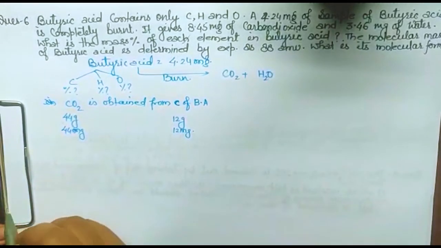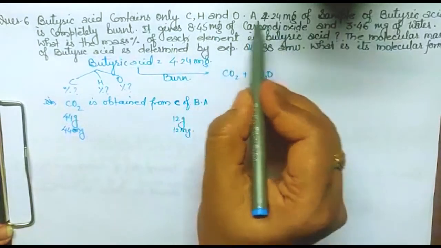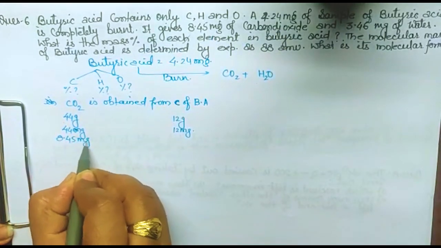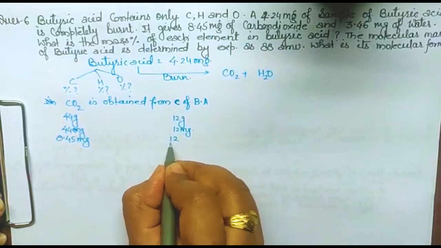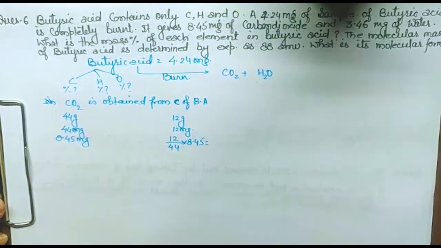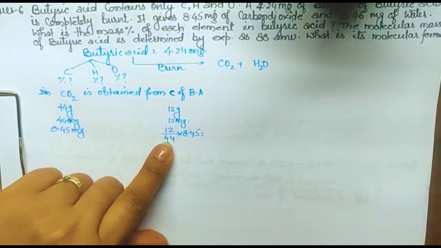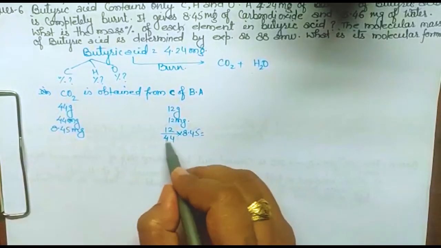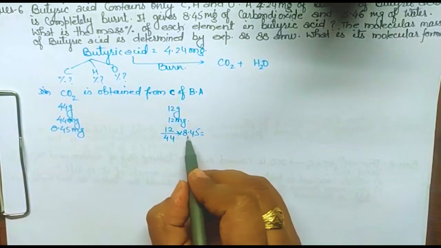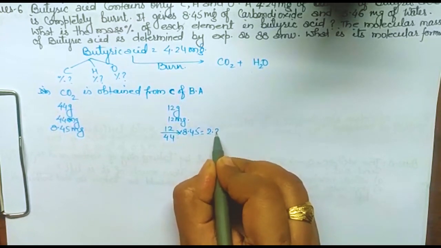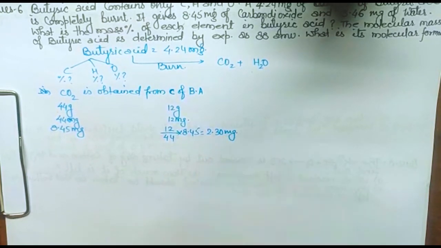The carbon dioxide given is 8.45 milligram, so 8.45 milligram will be from 12 upon 44 into 8.45 milligram. Got it? So we got the carbon weight. We have to solve it. This comes to 2.30 milligram. Clear?